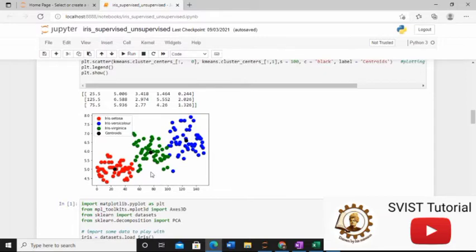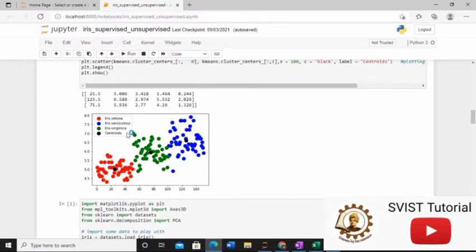And if you observe this output carefully, you will be able to see that we have three groups. One is in red, which is labeled as Iris Setosa. One is in green, which is labeled as Iris Virginica. And one is in blue, which is known as Iris Versicolor.